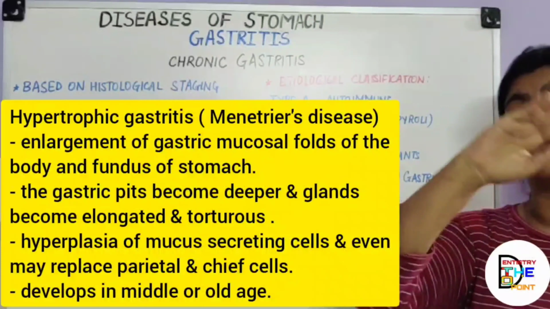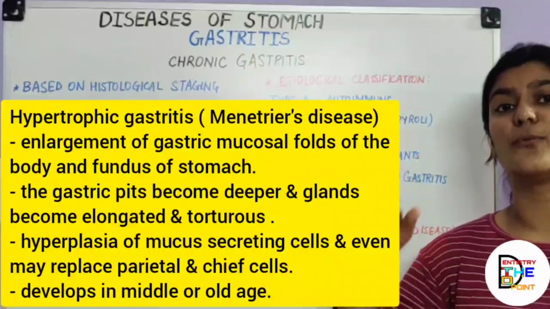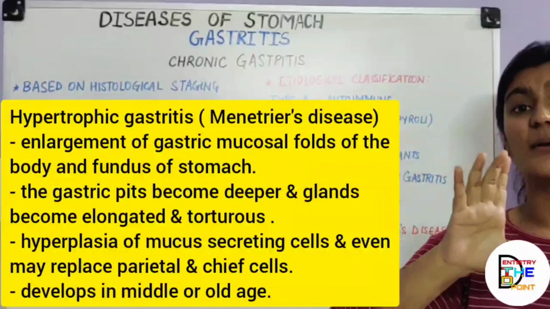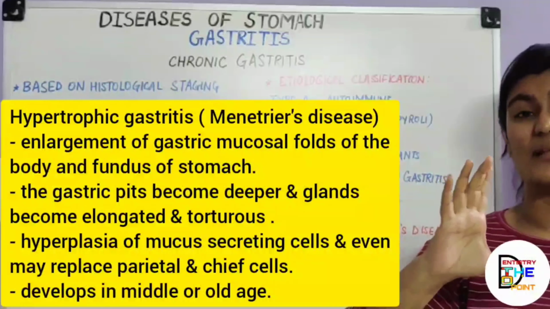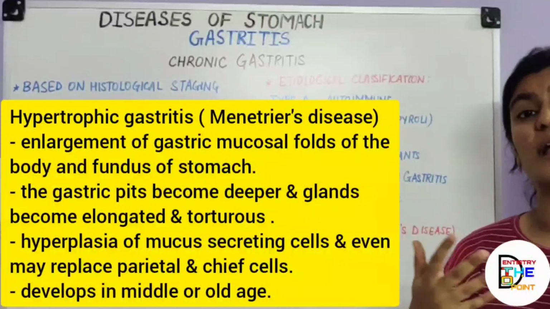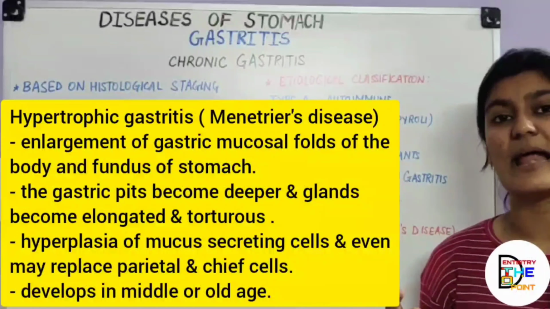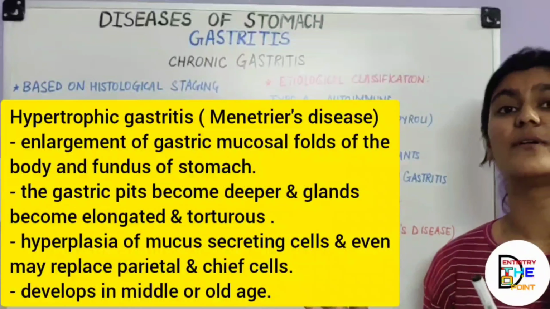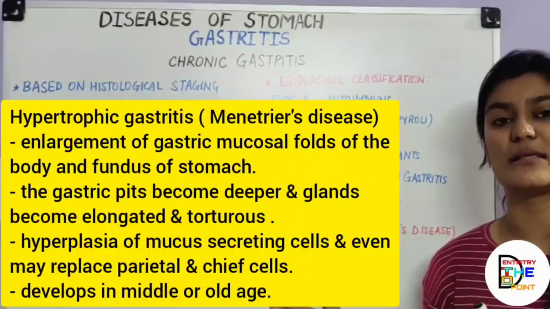So there is enlargement of the mucosal folds, and because of the enlargement, the gastric pits become broad, and because of that there is hyperplasia of the mucus secreting glands, so much hyperplasia, इतना ज़्यादा number में बढ़ जाते हैं that they even replace your chief cells or parietal cells.